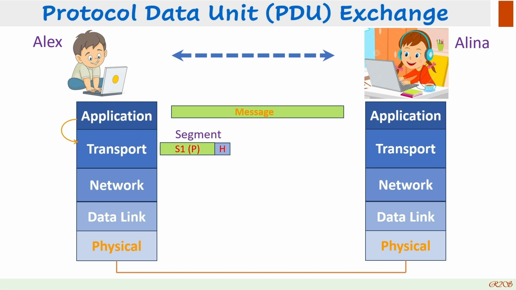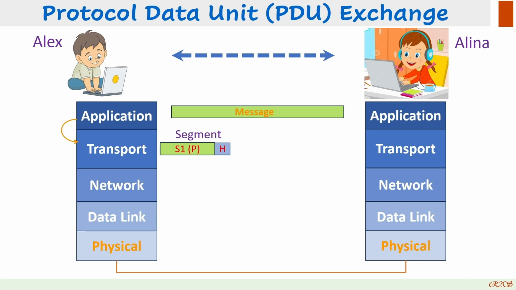The information about this protocol is called the header, and the part it received, the actual divided message, is called the payload. Here P is the payload and H is the header, and together P and H are called the segment.